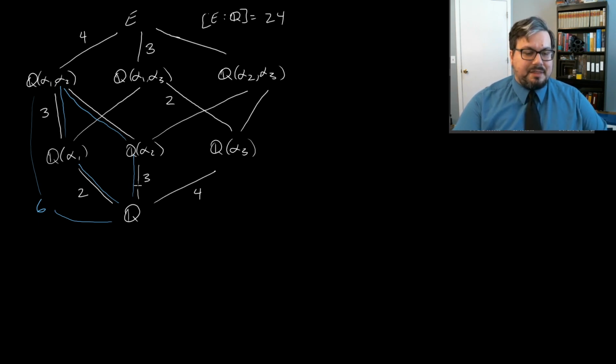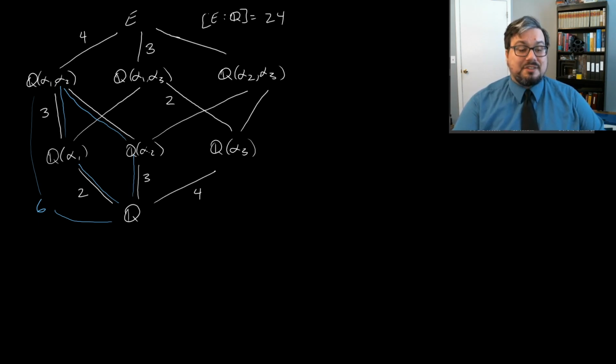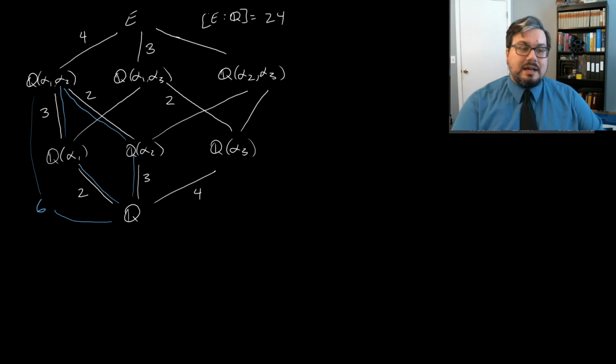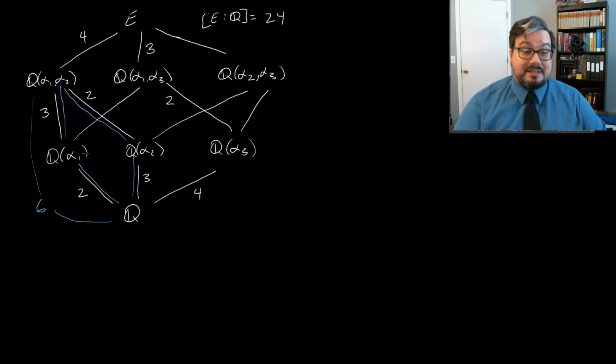Now I know that the degree from Q to Q(α2) is 3, which means that the other part of it has to have degree 2. Because no matter how I get from Q to Q(α1, α2), if I multiply the degrees of the extensions together as I go along those paths, I should always get the same thing, in this case 6. So that gives the degrees that we've got there.